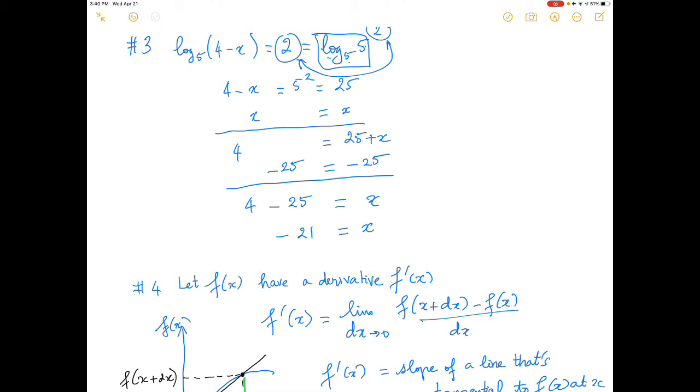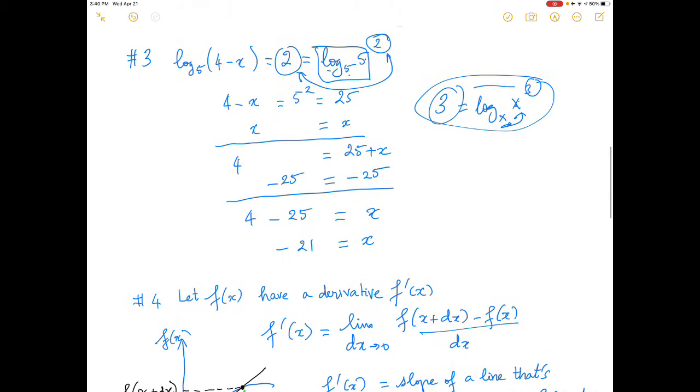Likewise, you can write 3 as log base x of x to the power 3. As long as this base is the same as the number that we use to raise to, then this is a good way to translate that.